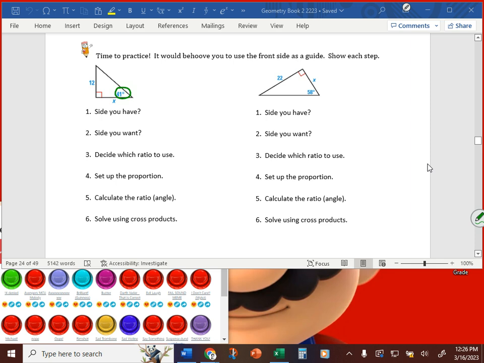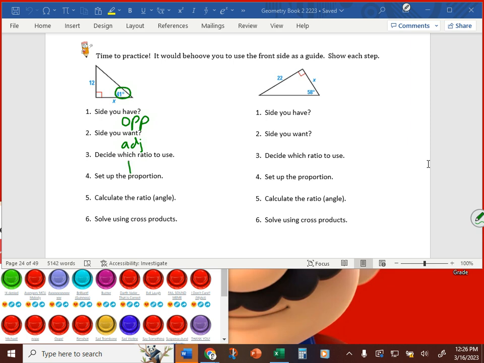Yes. Okay, from the given angle of 41, the side we have, that 12, is the opposite side. The side we want, well, the only options left are adjacent or the hypotenuse. Is it the hypotenuse? No. So it's got to be adjacent. And we can verify that because adjacent means next to. Is that x next to our angle of 41? Yes, it is. Okay?